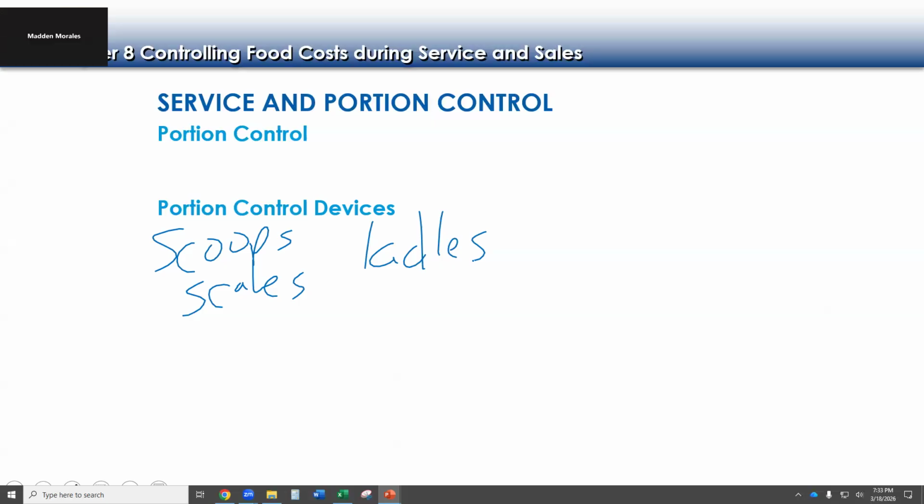Portion cups. Measuring cups, okay. Good. We might use some kind of mold. Sometimes we use a little ring mold that we can put the rice in, so we know that that's exactly the same amount for every single portion. Okay, we want to use the right tool for the right item.